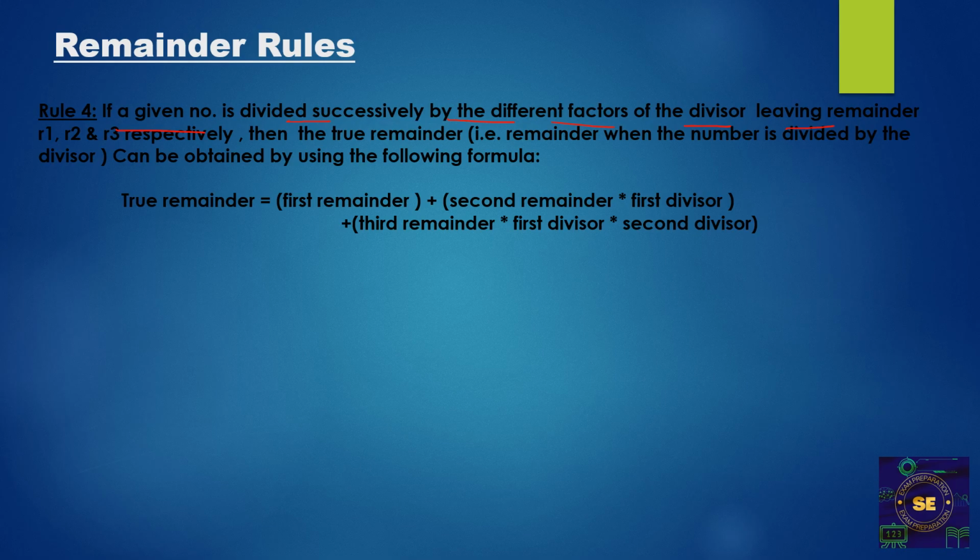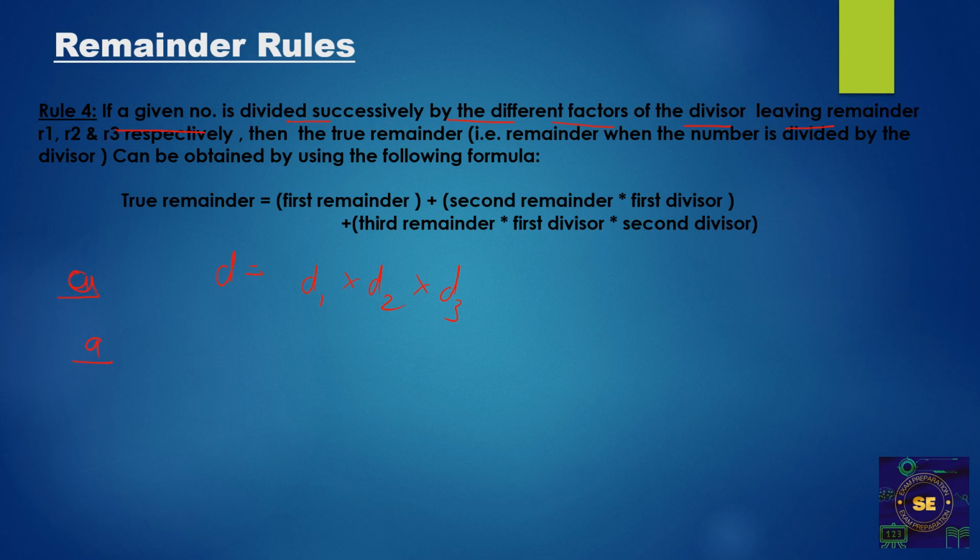Let's assume the number is A, and D is our divisor with factors D1, D2 and D3.